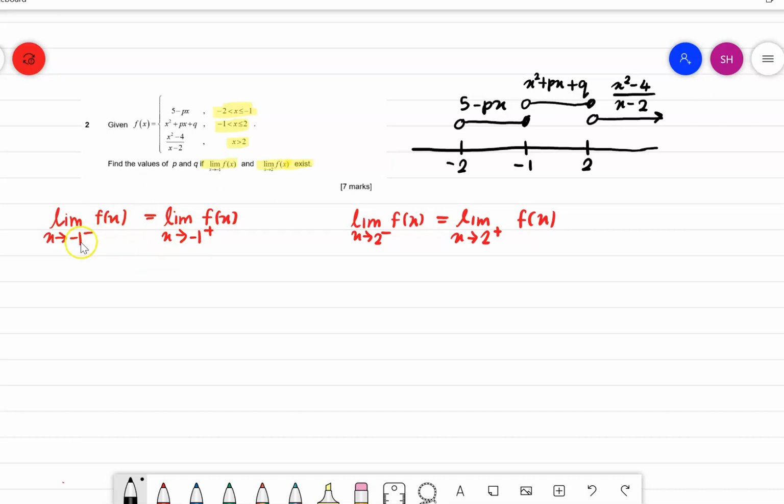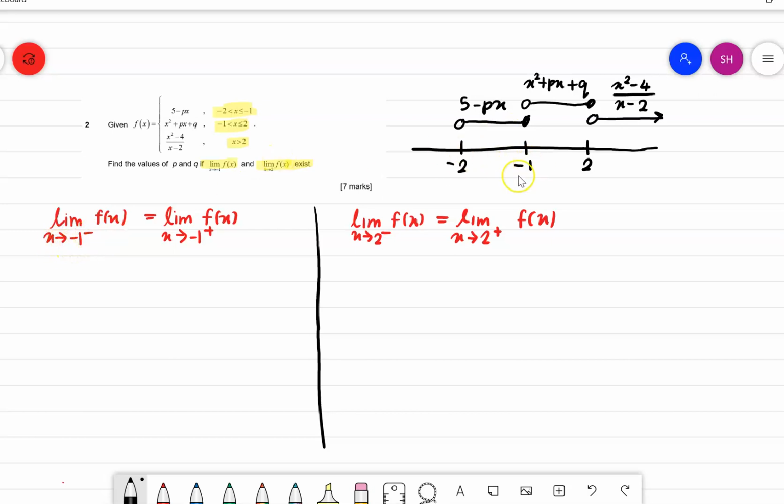So, kita start from limit x approach -1 from left and right dulu. Okay, kita start daripada sini untuk x approach -1 from left and right. Kita ganti f(x) for limit x approach -1 from left.